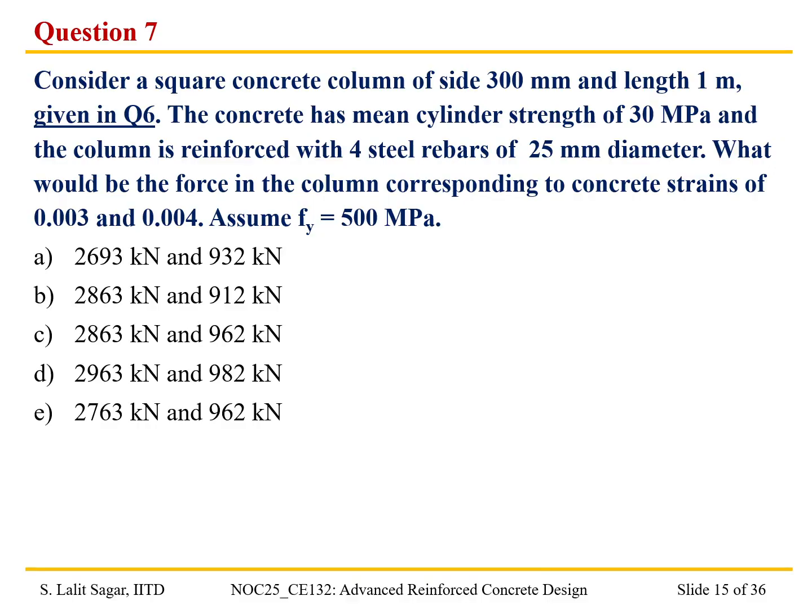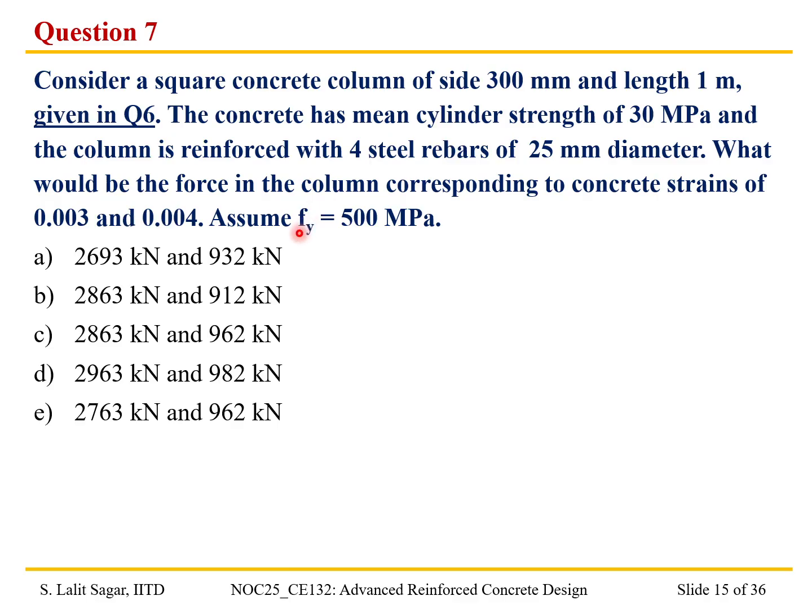So for the column that is given in the previous question, that is for a square concrete column of side 300 millimeter and length 1 meter, that is mentioned in question 6, which is having a mean cylinder strength of 30 MPa and reinforced with 4 steel rebars of 25 millimeter diameter, what would be the force in the column corresponding to the concrete strains of 0.003 and 0.004?